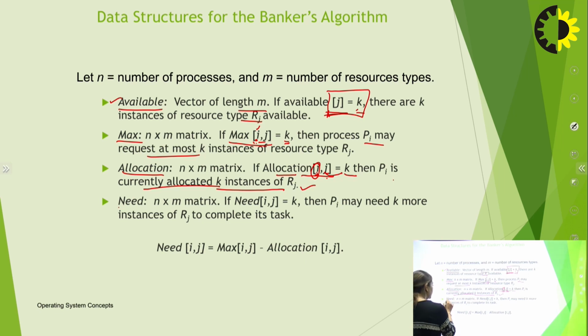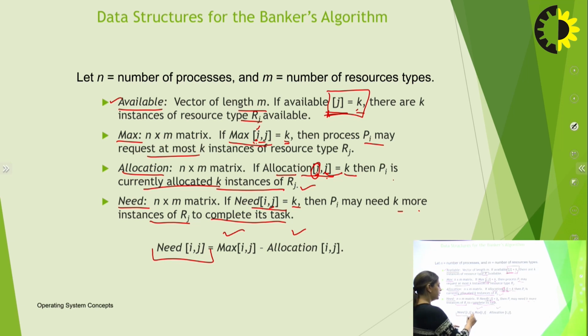What is the Need matrix now? Need[i][j] equal to k means process Pi may need k more instances of Rj to complete its task. Now, how do we calculate need? Need is Maximum minus Allocation.